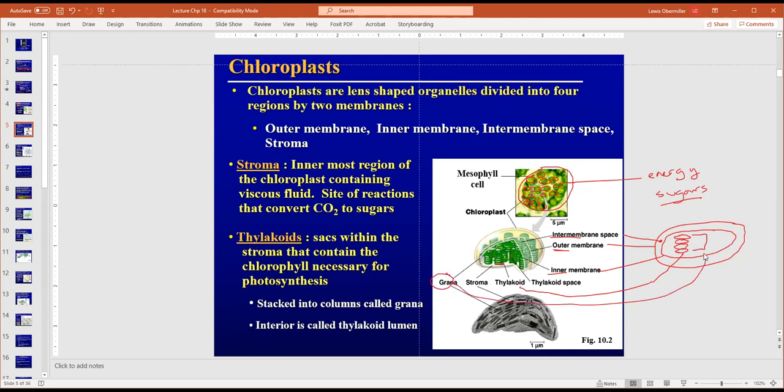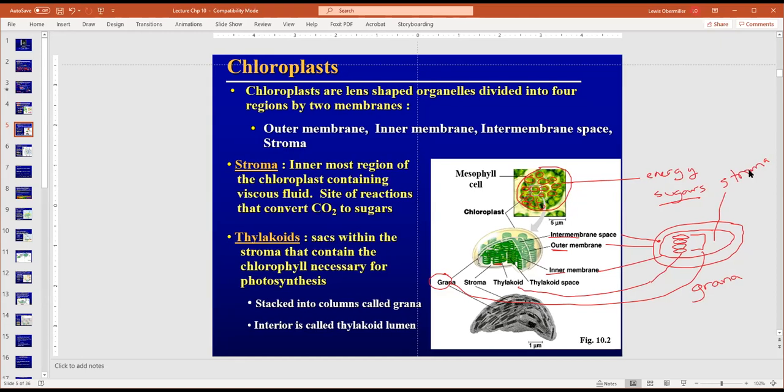grana. Sorry, I wrote over that. The inside area of the chloroplast is called the stroma.